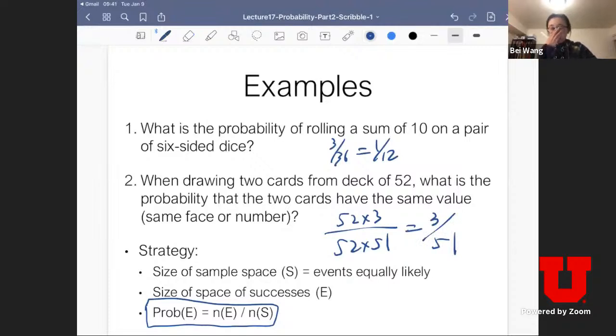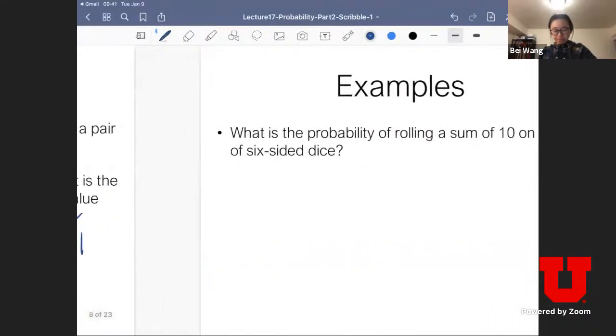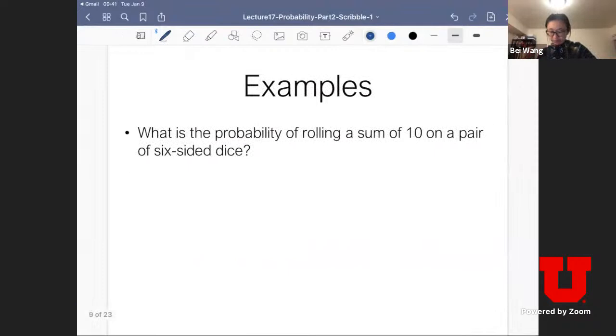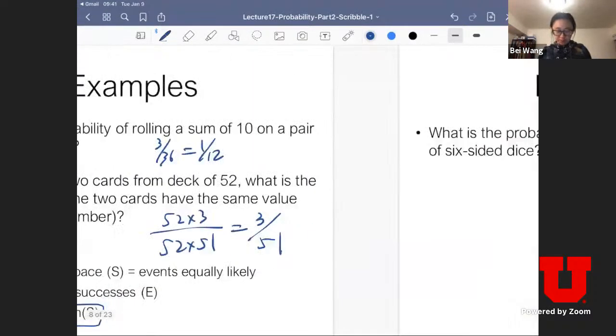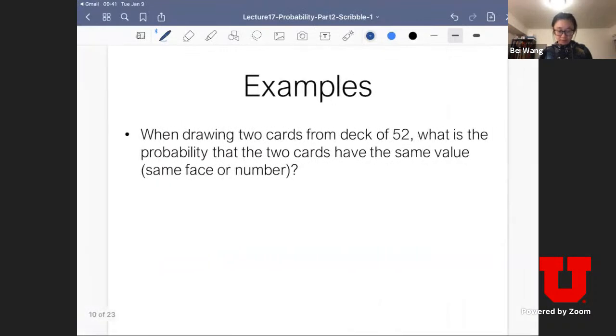Okay. If you don't remember how to solve this problem, please watch the video from lecture 17, part 1. So now the next question. Oh, yeah, this is just space for you to solve those two problems.